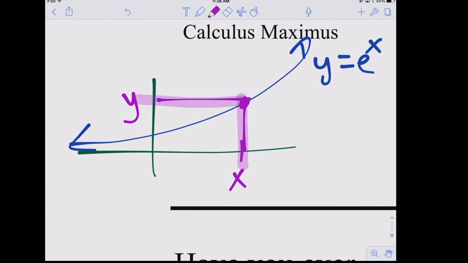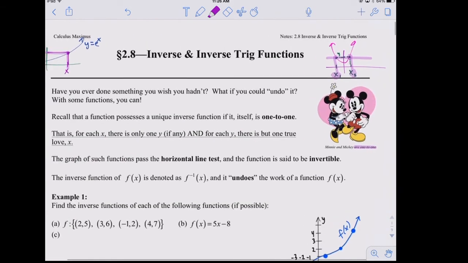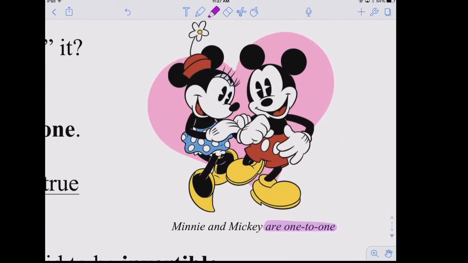But a 1-to-1 function also passes the what line test? Horizontal. So for every x, there's only one y, and for every y, there's only one x. And so that's why Minnie and Mickey are 1-to-1. They are each other's x and y, the only x and y, right?